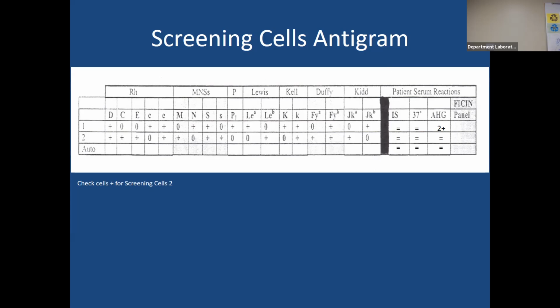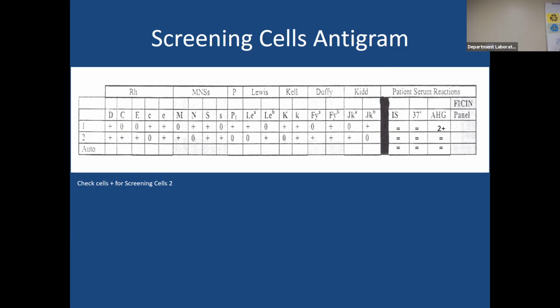All right, so what I want you to understand is, let's look at the screening cell. Sometimes this confuses students. This whole top row labeled number 1 is your screening cell 1. So if you're trying to figure out what antigen is present on the cells that could be causing this reaction in your patient plasma, the plus signs indicate the antigen is present. The 0 or the negative indicates that the antigen is absent.